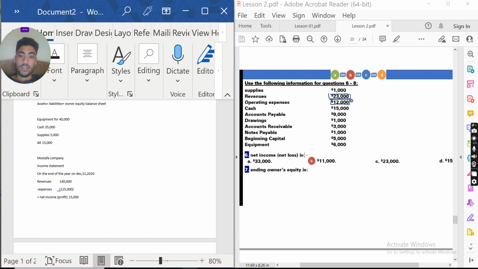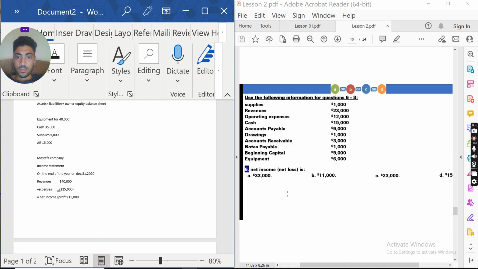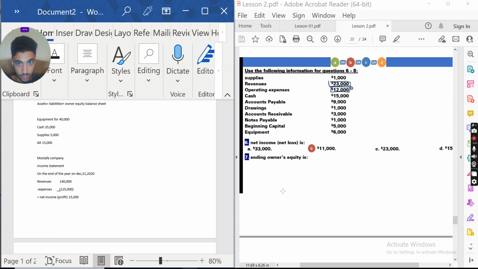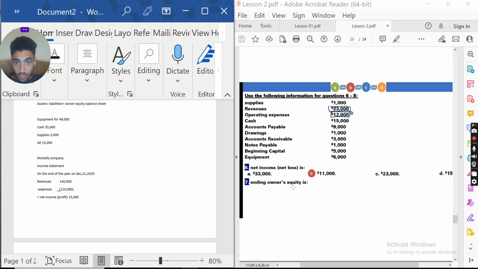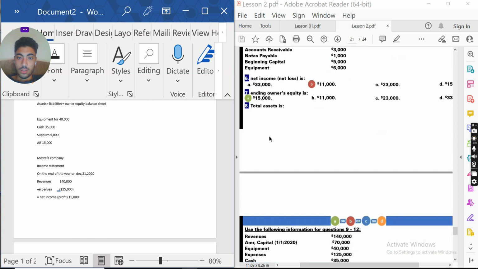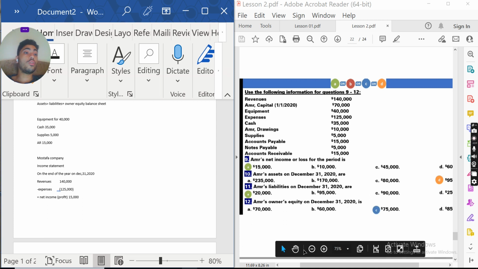Ending owner's equity is, okay, the same way. I'm going to give you this as a practice to do. Total assets, yeah, take this as a practice, and let me know your solution in the comments below.